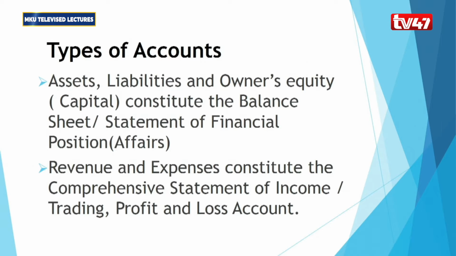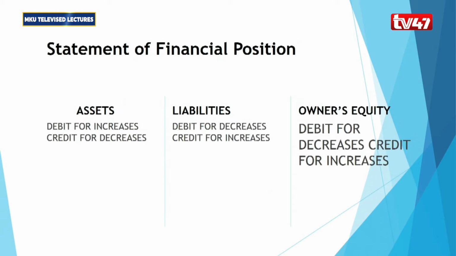With revenue and expenses, they constitute what we refer to as the comprehensive statement of income or trading profit and loss account. So, how then do we treat these increases and decreases?